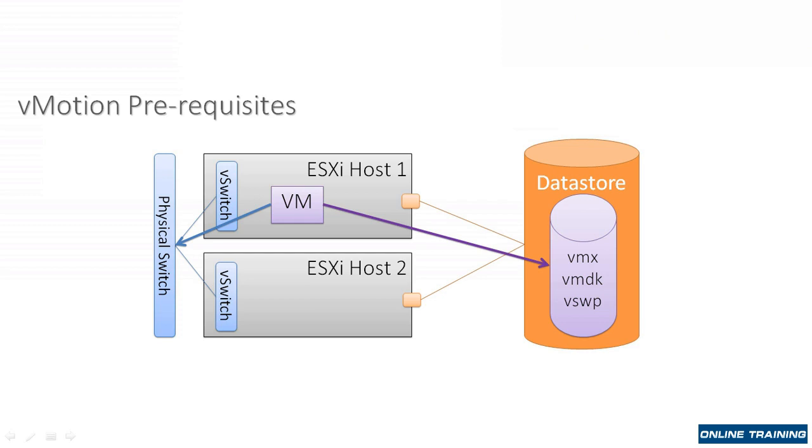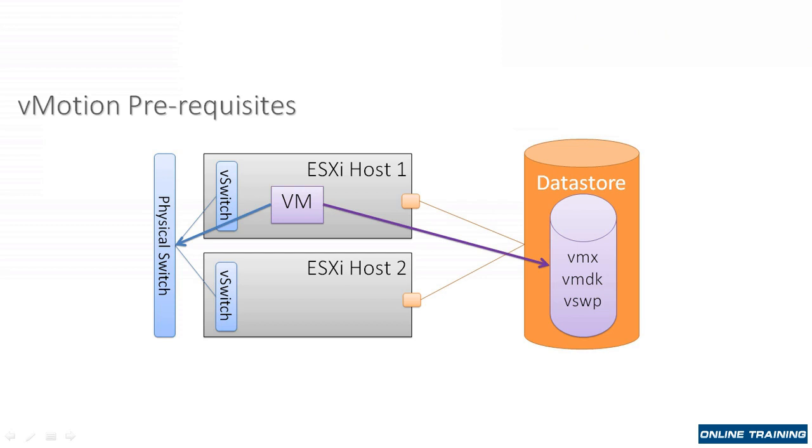And that VMDK is my virtual machine's C drive, or one of its virtual disks. So it's imperative that if a VM is going to move from one host to another, it is still able to access all of its files on the data store.